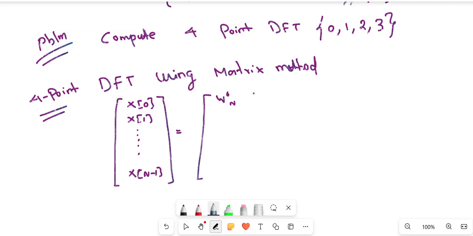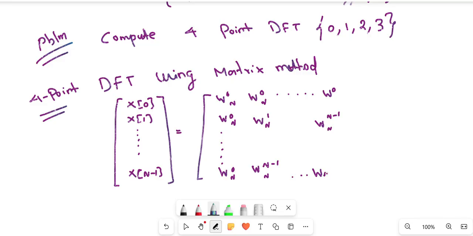W0 n, W0 n, W1 n, up to W0 n, W n minus 1, W0, W n minus 1, and similarly W n to the power n minus 1 into n minus 1.